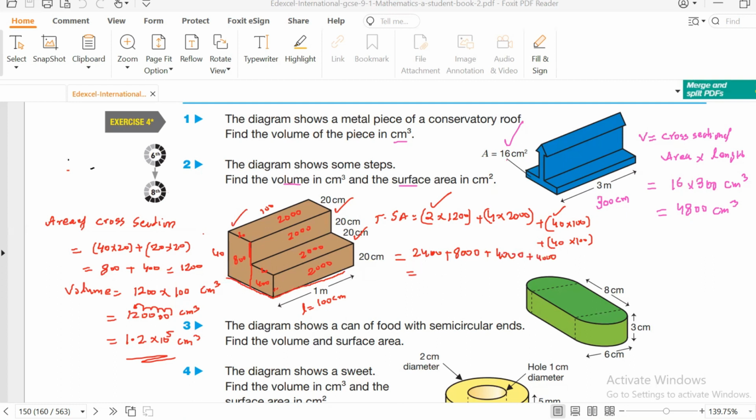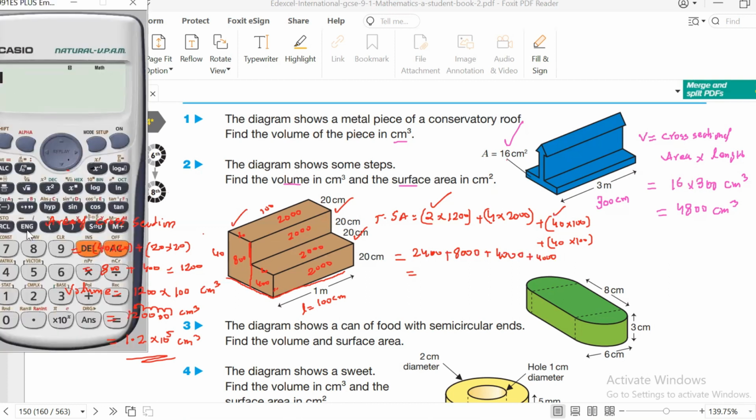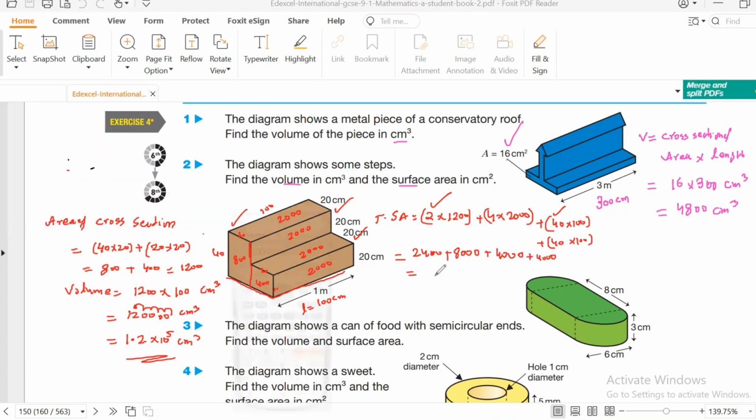Once we add all this, 2400 plus 8000 plus 4000 plus 4000, this gives us 18,400, and it is in centimeter square.